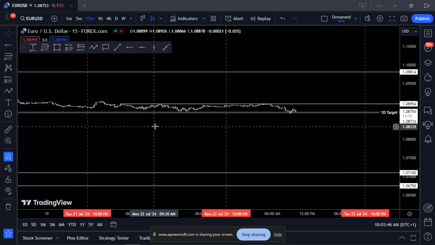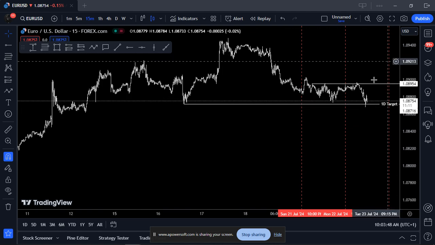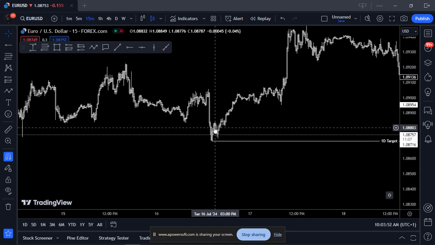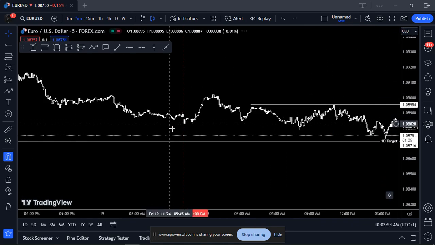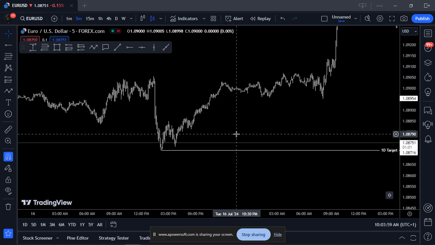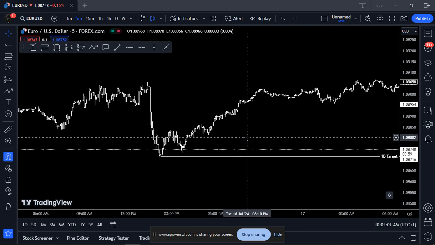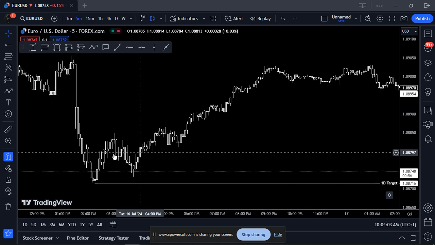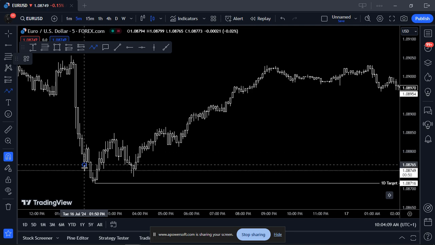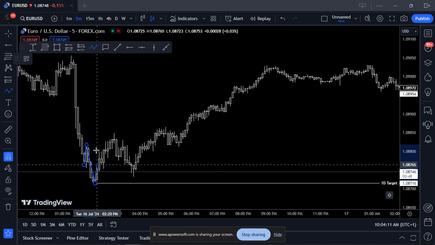Like in this case here, there was an inducement entry here, a complete inducement entry here. Look at it. You see, we got our opposing liquidity. We got our opposing liquidity.